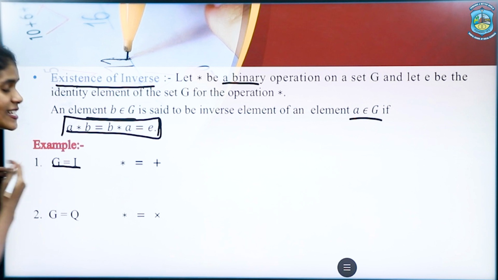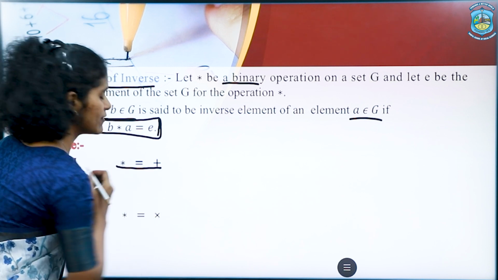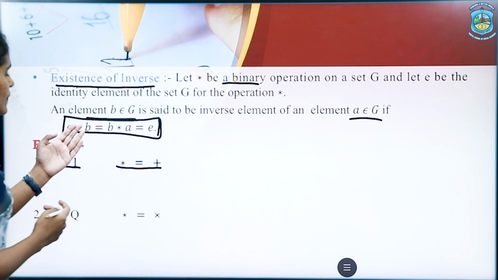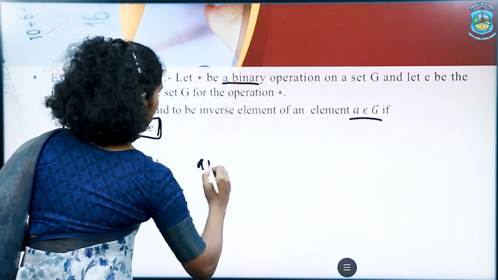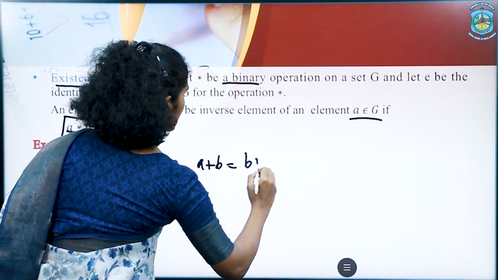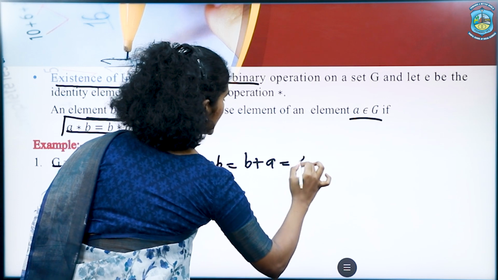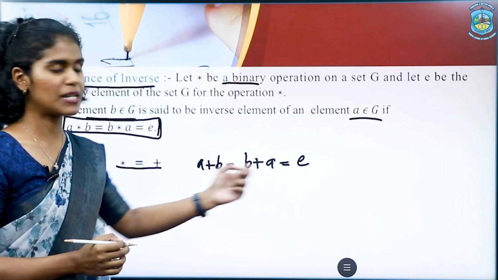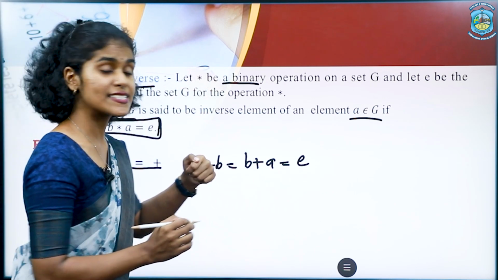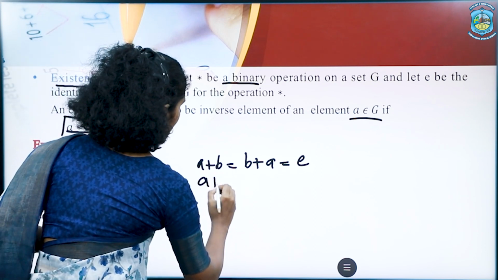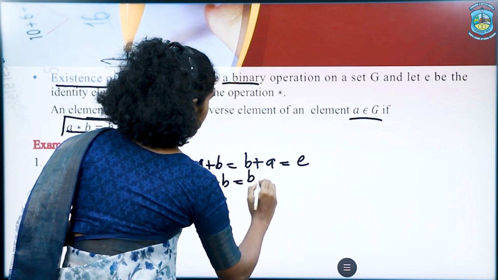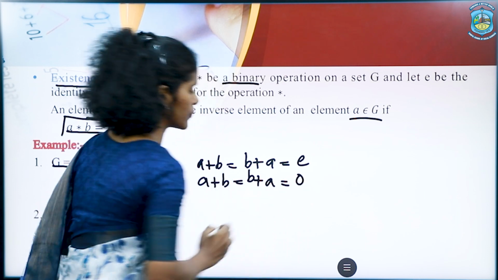We consider the set of integers and the operation given to us is addition. So this condition will change into A plus B equal to B plus A equal to E. What is the identity element in case of addition? That is 0. So I can write this as A plus B equal to B plus A equal to 0.